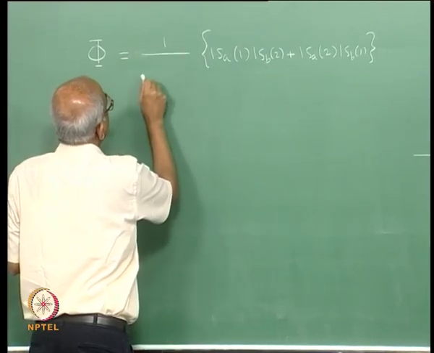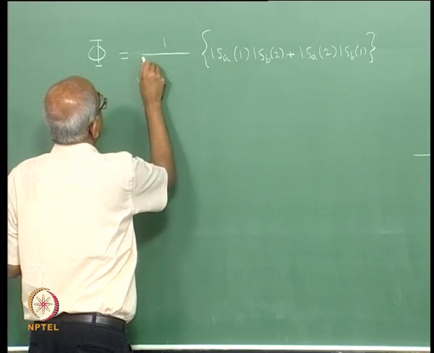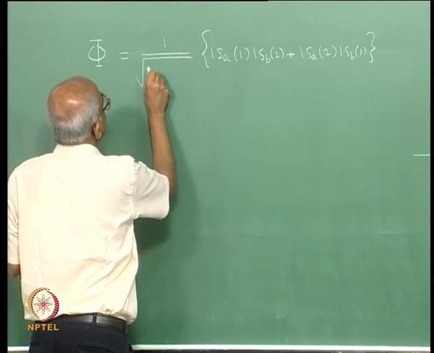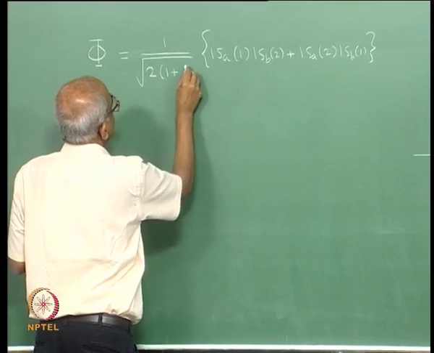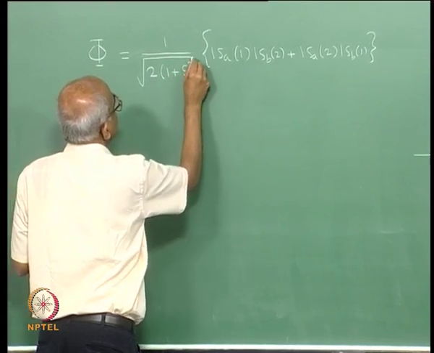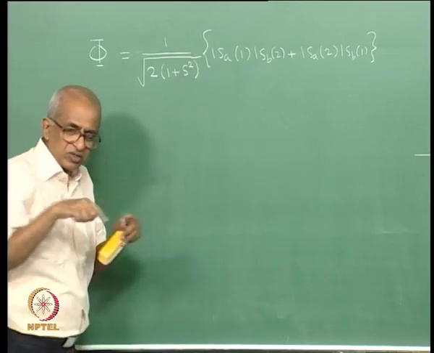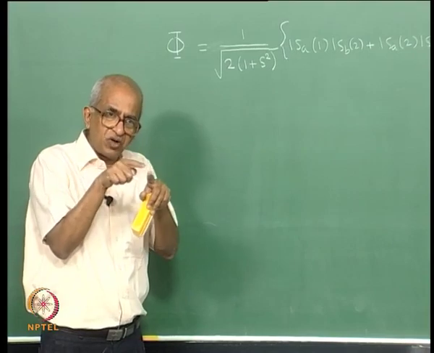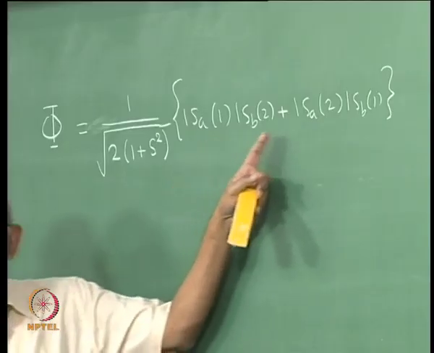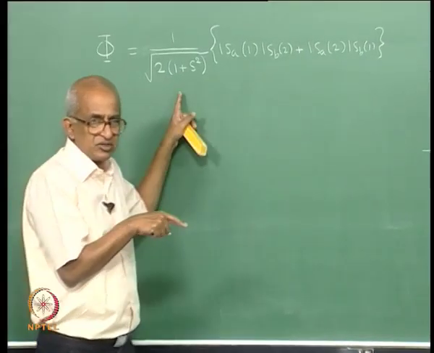I will not write it down, I will not calculate it, but it is easy to show that it is given by 1 by square root of 2 into 1 plus S squared. In the case of molecular orbital theory, there was only an S. That is because you are adding atomic orbitals, but here you are adding two-electron wave functions, and that is why it is S squared.